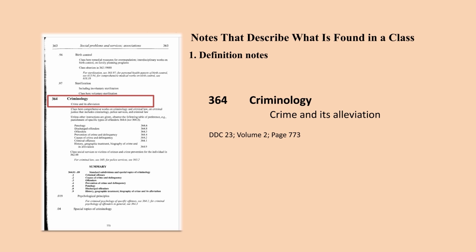Under Criminology, you can find the definition of criminology, that is, crime and its alleviation. Means here Dewey has defined the term criminology as a collection of crime and its alleviation. This is actually the definition of a particular class, and hence we call it definition note.